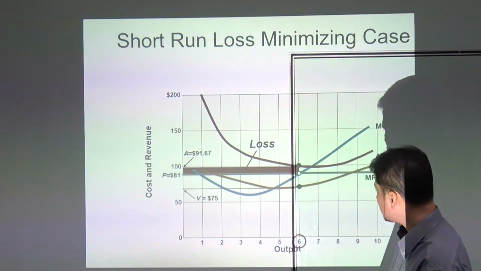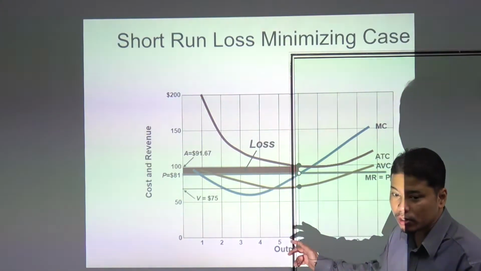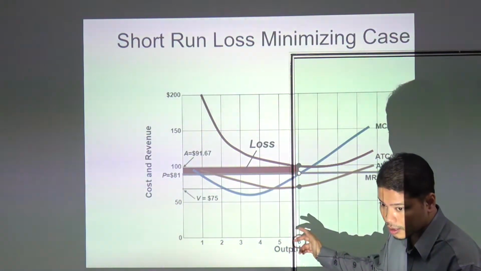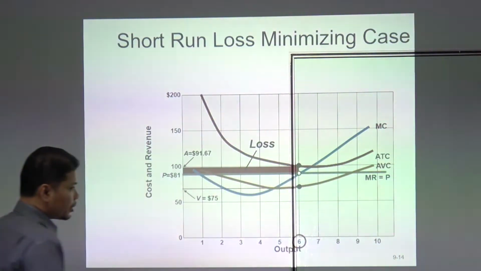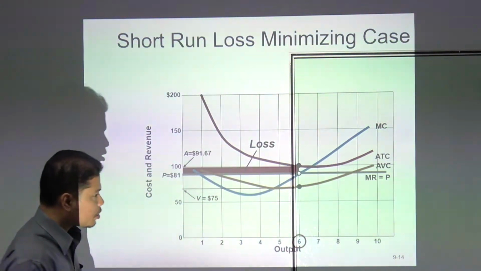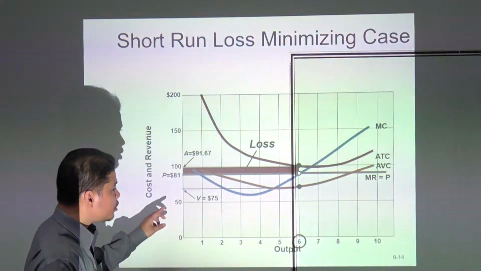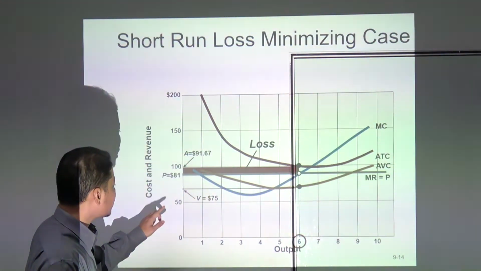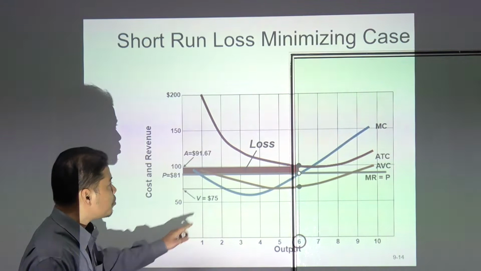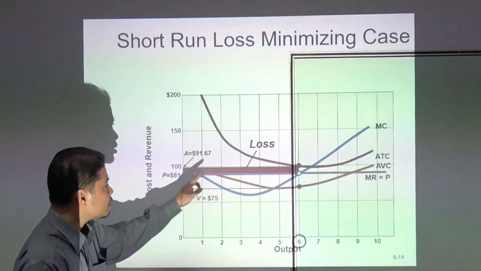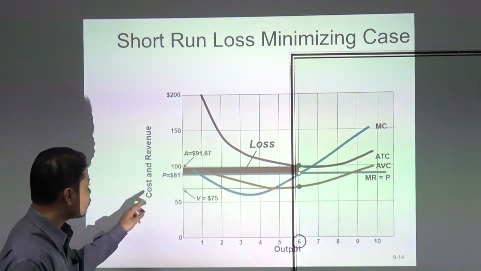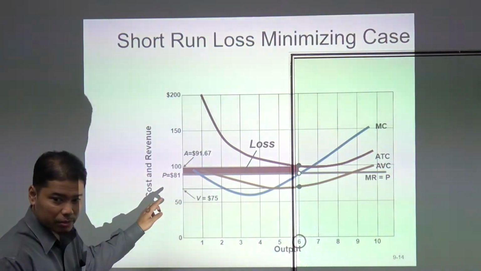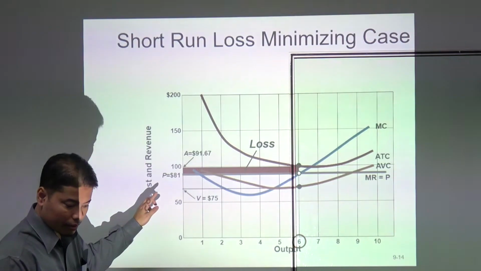If the firm continues to produce, the firm will make losses. For example here, the firm's price is 81, but average total cost here is above 81, so the firm is making losses.